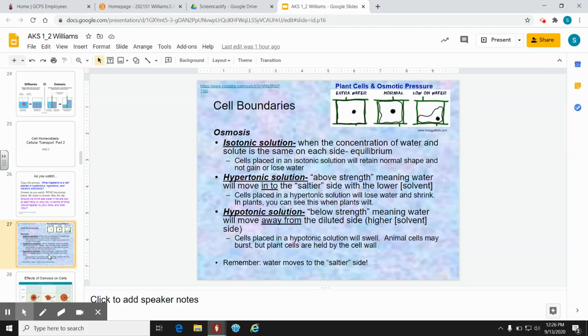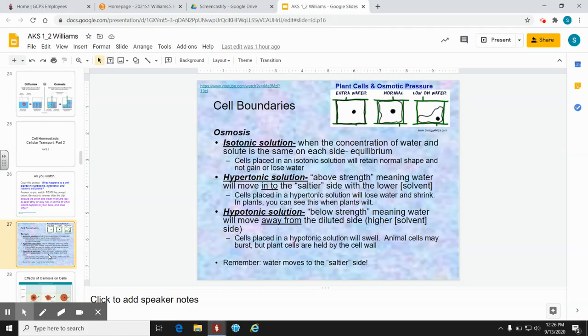So if it is saltier outside the cell, that's a hypertonic solution. It's saltier outside the cell. Okay, so if you put a cell in that situation, like when you drink seawater, cells are going to shrink because water is going to leave the cell and it's going to try to create an equilibrium with the surroundings.